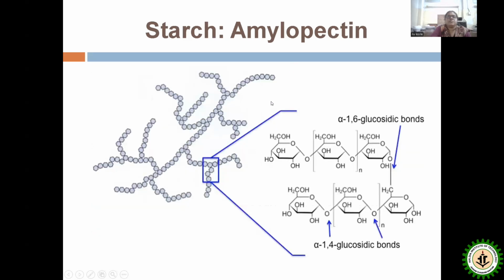Now, this is again a pictorial representation of the amylopectin molecule. So you can find individual glucose molecules are joined through alpha 1,4 glycosidic bond and branching through 1,6 glycosidic bond, and accordingly the structure is represented here.